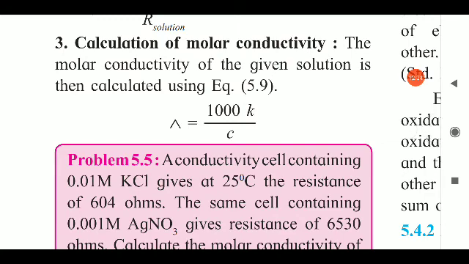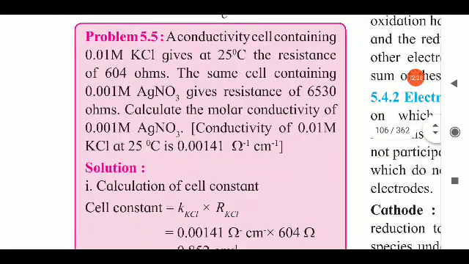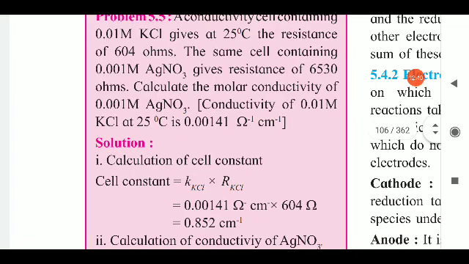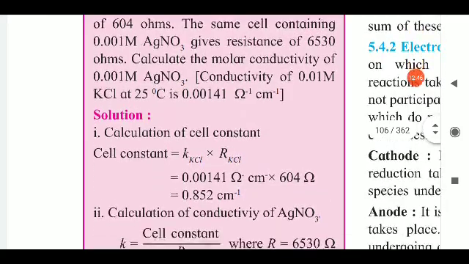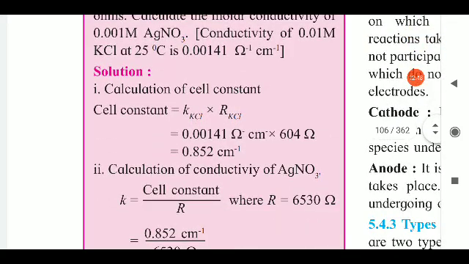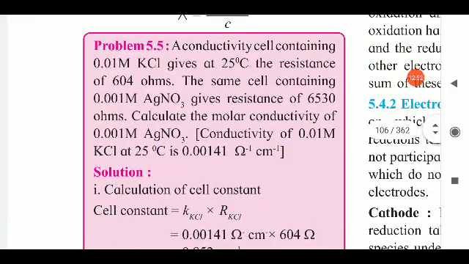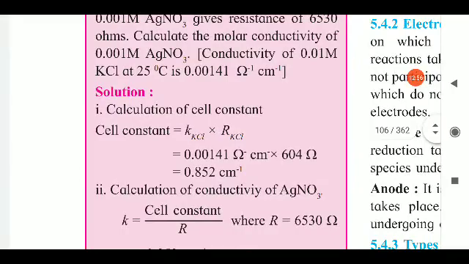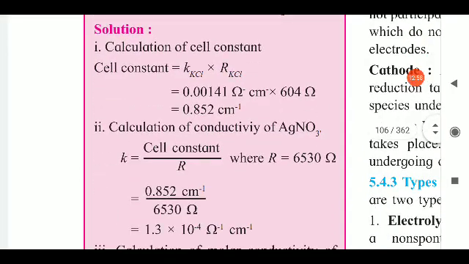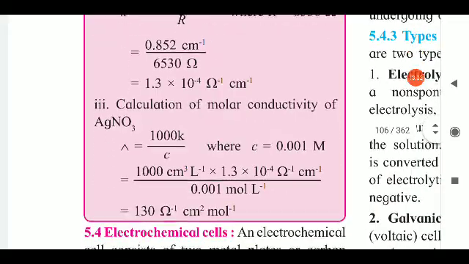The molar conductivity of a given solution is then calculated by using this equation. Some problems based on the cell constant are given here. For your practice you can solve all these problems. These are very simple problems. All the data provided in the problem you have to take as given, and just put in all these values, then you will get the corresponding answers.